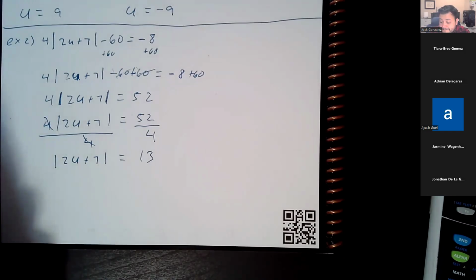Would we have to do the same thing as the top? Yeah, what was that? We have to get rid of the 7. What I'm asking is, we gotta get rid of those bars. How do we do that?